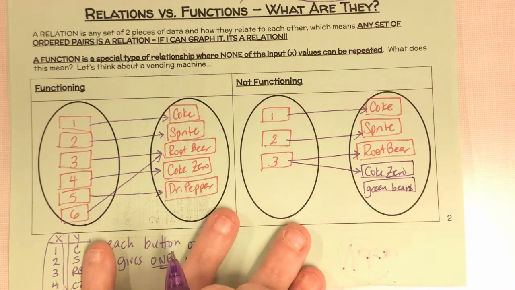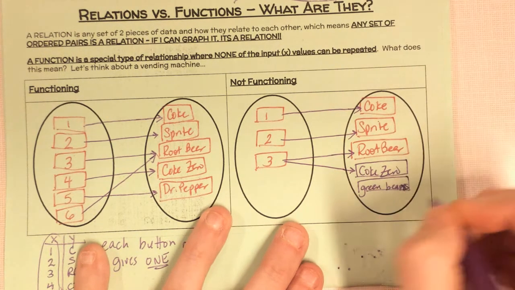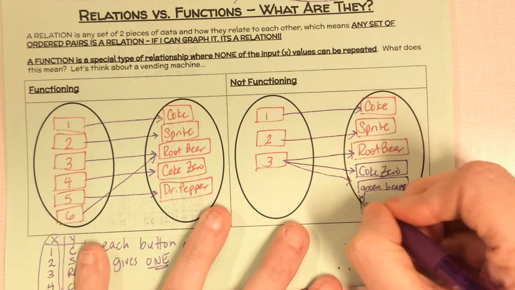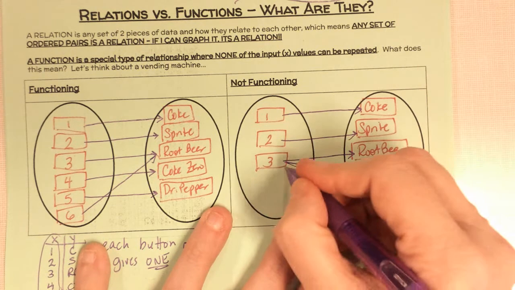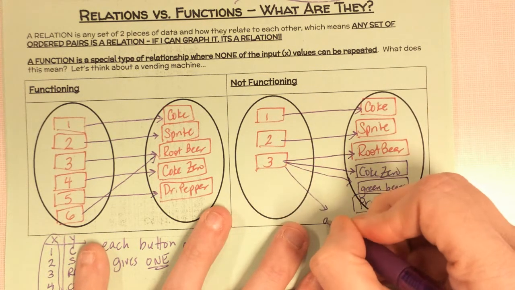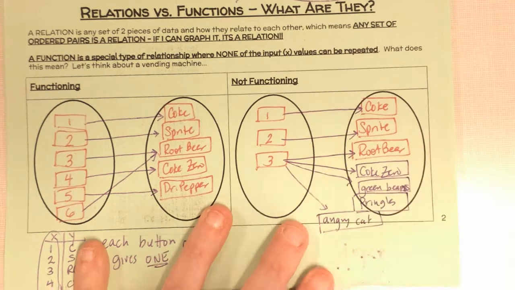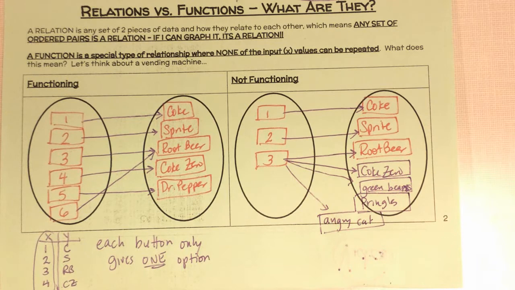Why? I don't know. This is a weird Coke machine. I know that looks like green bears, but it's beans. Maybe I get a can of Pringles, or maybe an angry cat jumps out and bites me in the face. Is this machine working? This machine is not functioning.